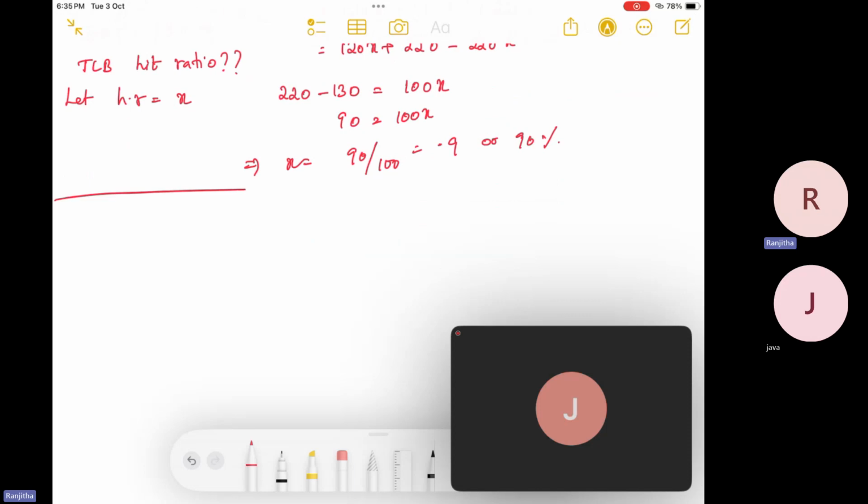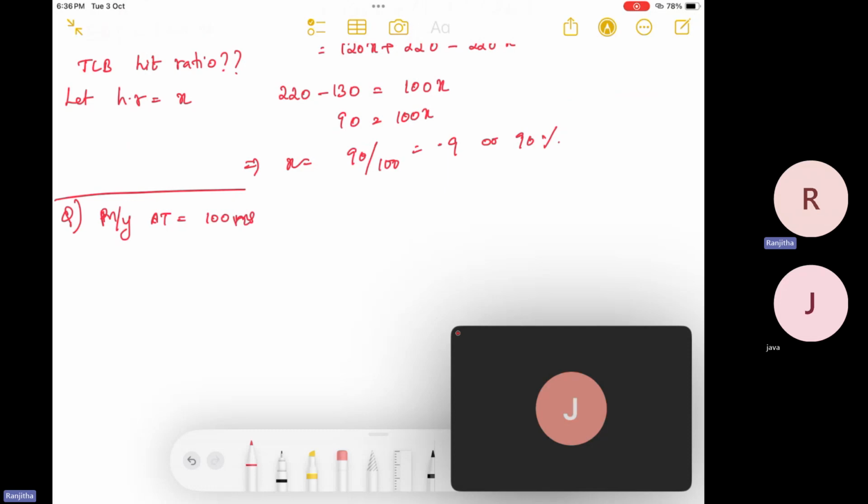So this is how we can find out multiple parameters. In another question, let's say we want to find out the TLB access time. For example, memory access time is given as 100 nanoseconds.